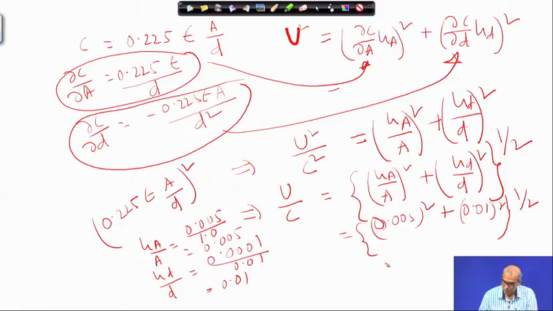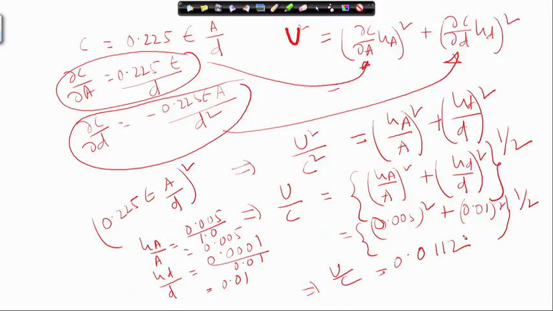So, this becomes 0.0112. u by C becomes 0.0112, which means 1.12%. So, the uncertainty in the measurement of capacitance is 1.12%. So, this is how we can compute the uncertainty in the measurement of capacitance if we know the uncertainty in the distance measurement and the uncertainty in the area measurement.